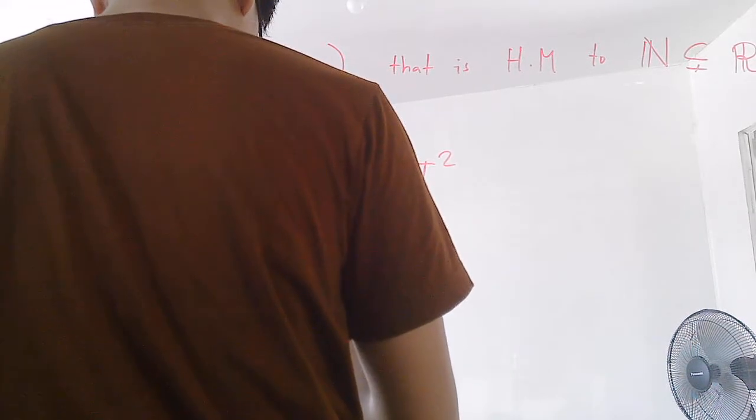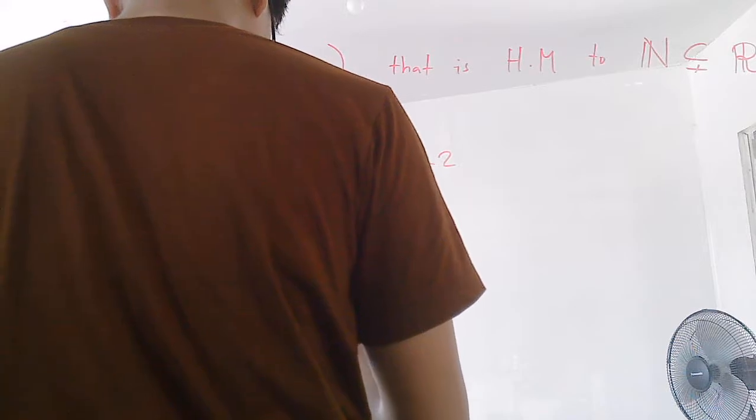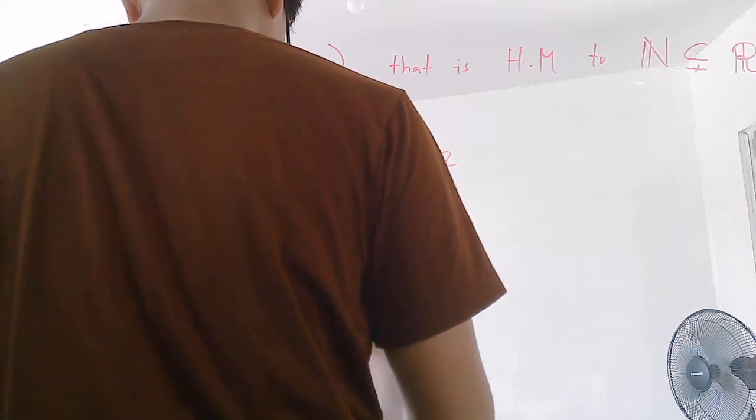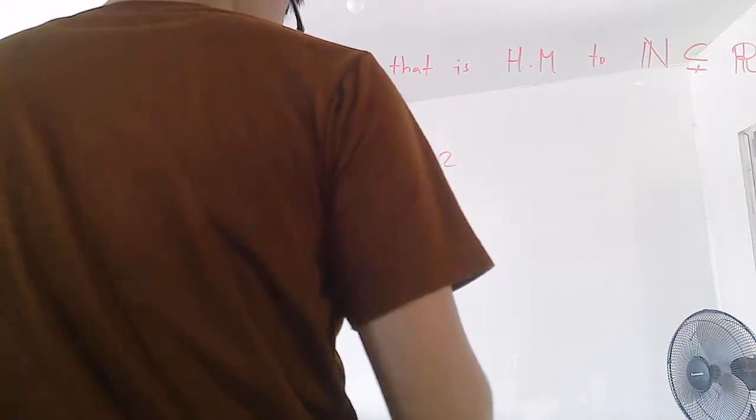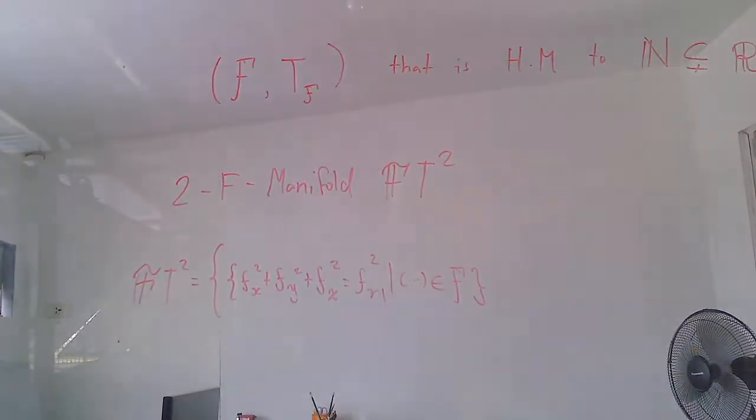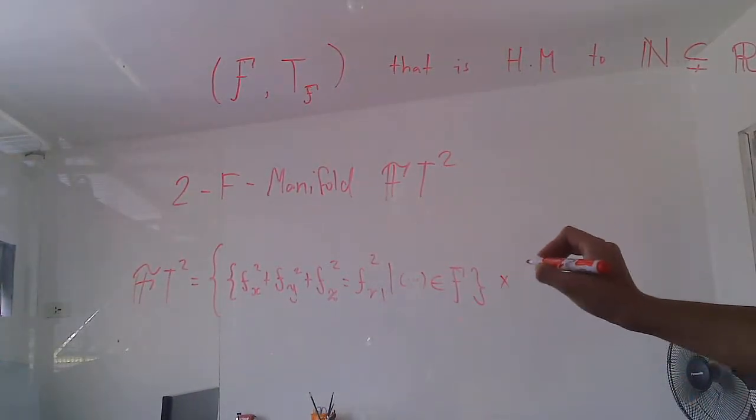First one, F x squared minus F y squared plus F z squared equals F r squared or 1, such that these guys, which we just talked about, so basically psi are set F or femboid or universal femboid set cross itself.